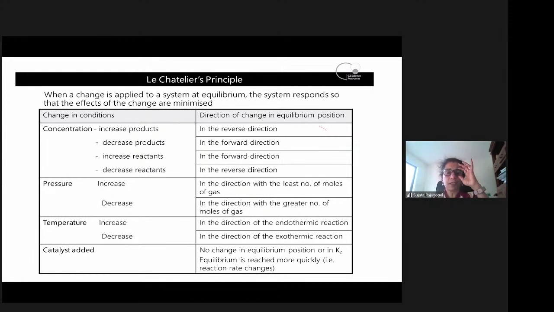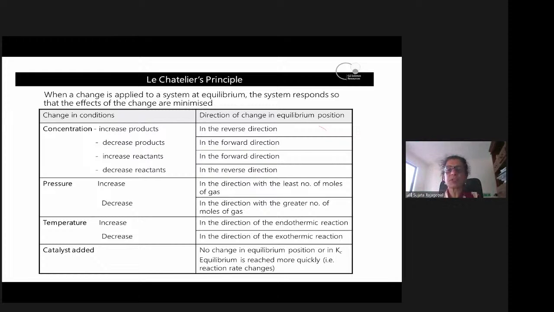This is what I've done. So use this slide. The slide has been put in your chat. You use this slide to answer your questions about the equilibrium and the factors changing it, in terms of pressure or concentration or temperature. Now, what are the conditions being changed?